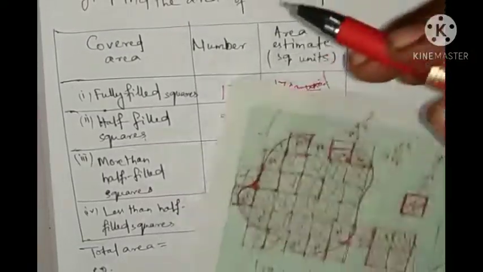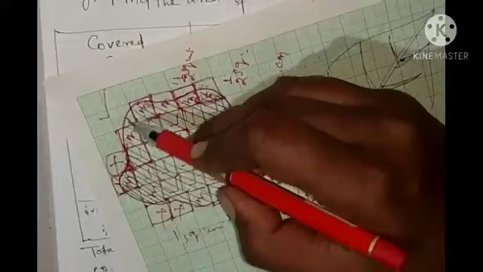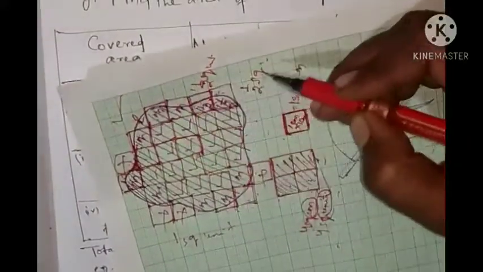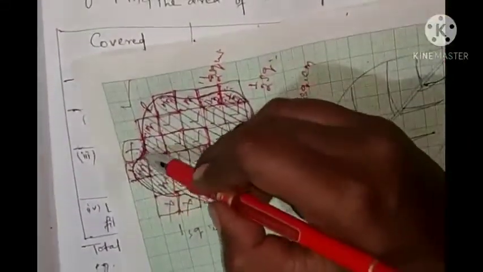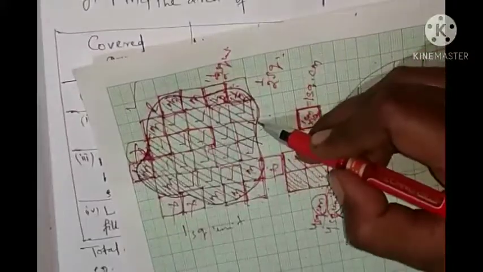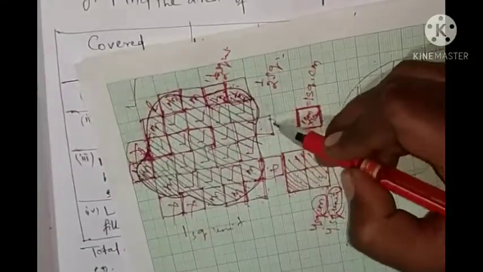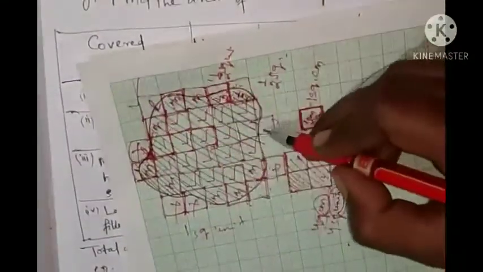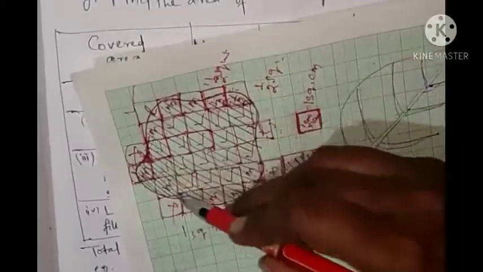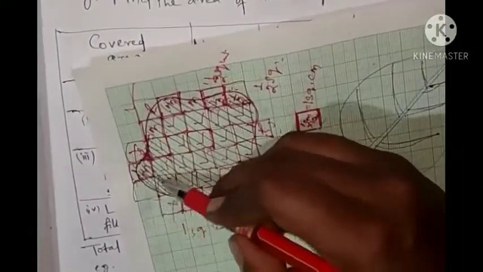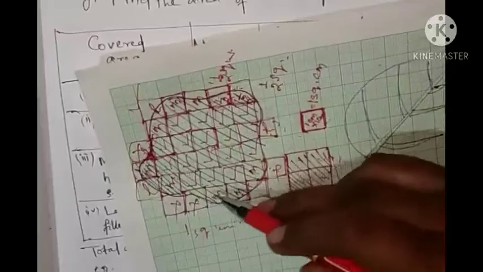Next, less than half filled. We'll see less than half filled. This one is less than half filled, I'll write L. 1, this is 2. Then here also this one is less than half filled, 3. Then this is also less than half filled, 4.